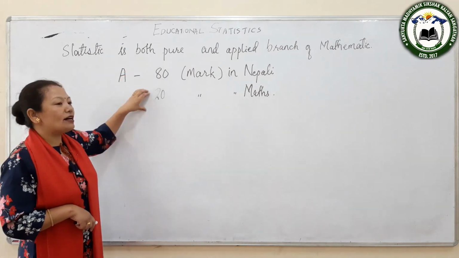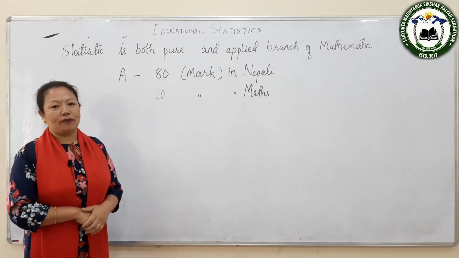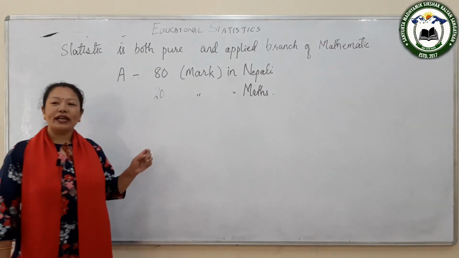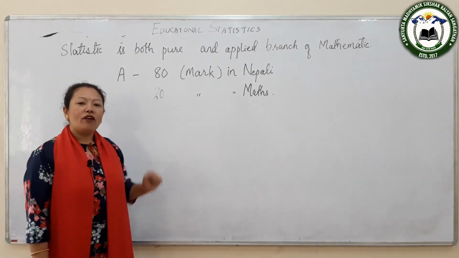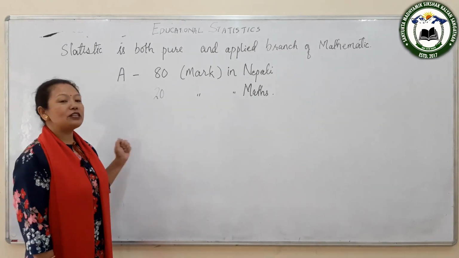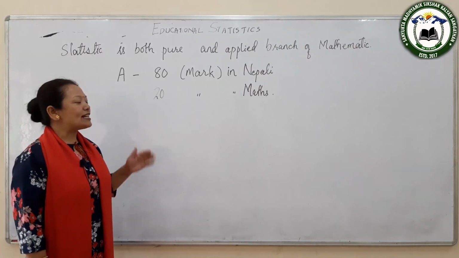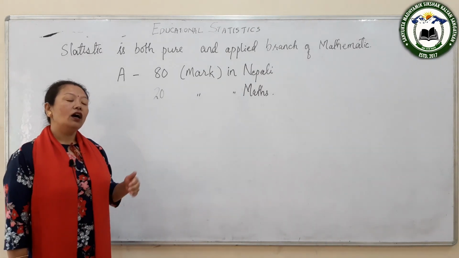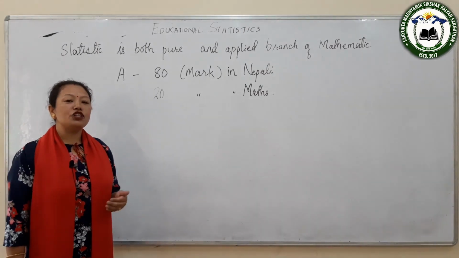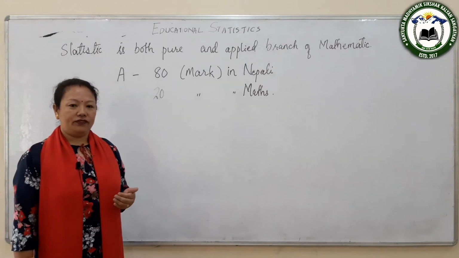So both the marks will decide your performance. So we can say that in the sphere of education, we have given importance to the examination system. So examination decides how much an individual is able to achieve.